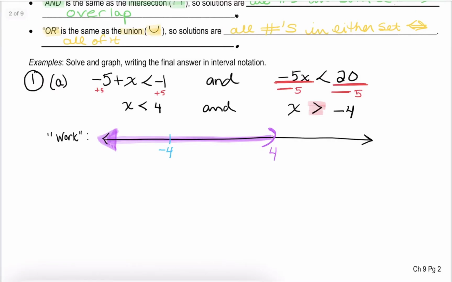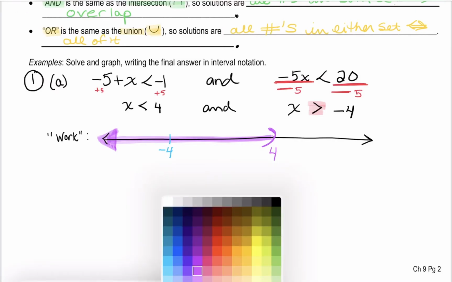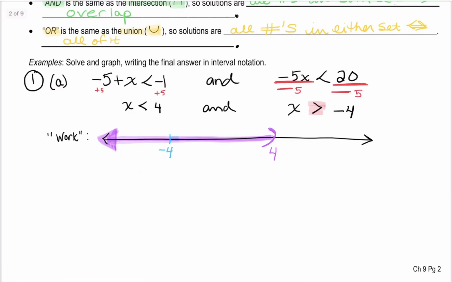These are all the numbers that are greater than, so on the larger side of negative 4. So these are all the numbers going from negative 4 off to the right. So what we want to look for here is everything that, oh, and let's be more clear, at that point negative 4 is also not included, so an open parenthesis there.